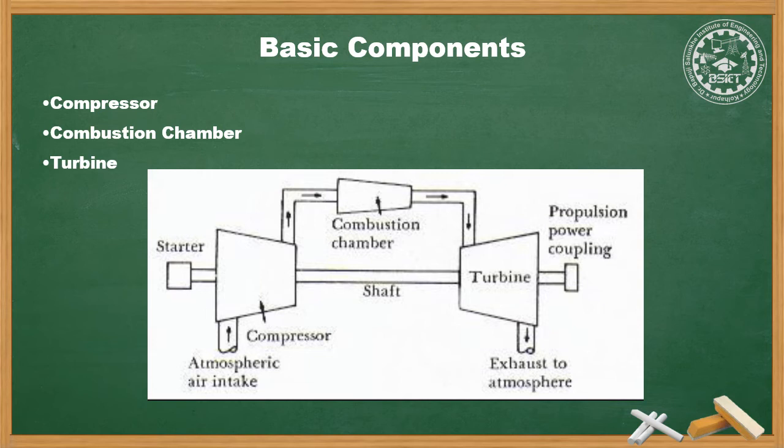In the swirl type of combustion chamber, the air from the compressor is supplied to the combustion chamber. 15 to 20% of air enters the primary zone to provide an air fuel ratio of about 15 to 1, and the remainder air is passed through the casing.